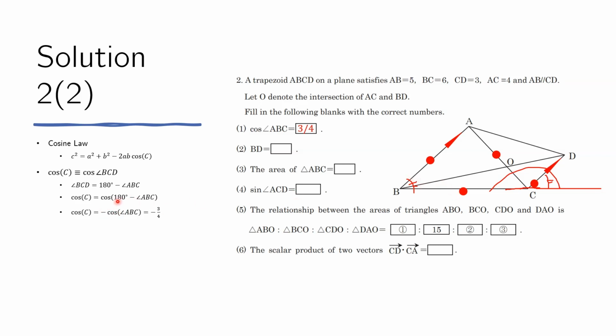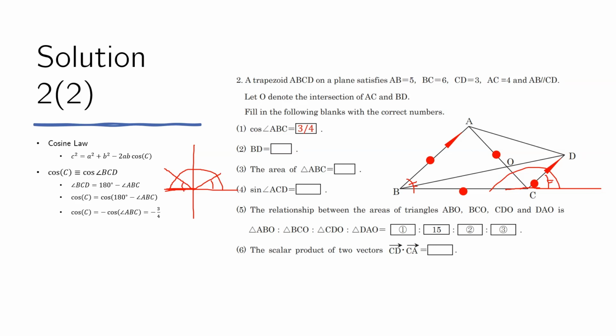But we know that if you have this kind of expression inside the cosine function, you can just remove the 180 and replace it with a negative sign outside. We can imagine this from the definition of cosine on the unit circle. If this is your angle, then 180 minus that angle will be around here.